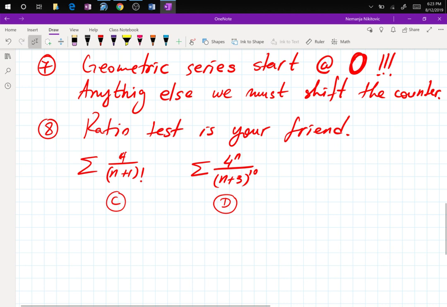What else? Power series, 4 terms. What else? Is there anything else?